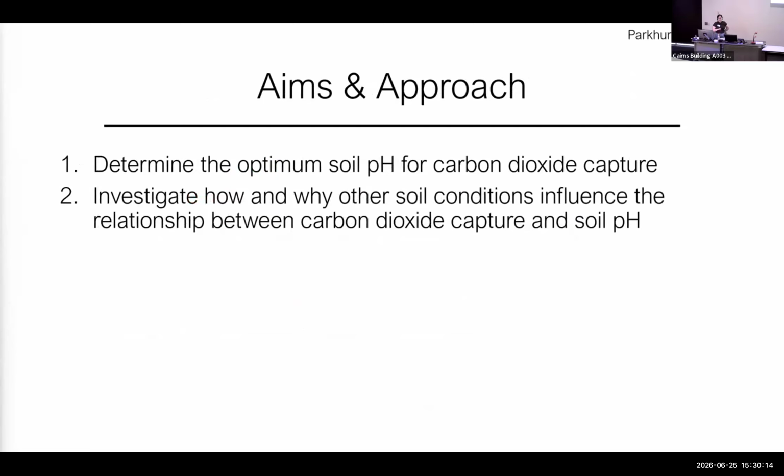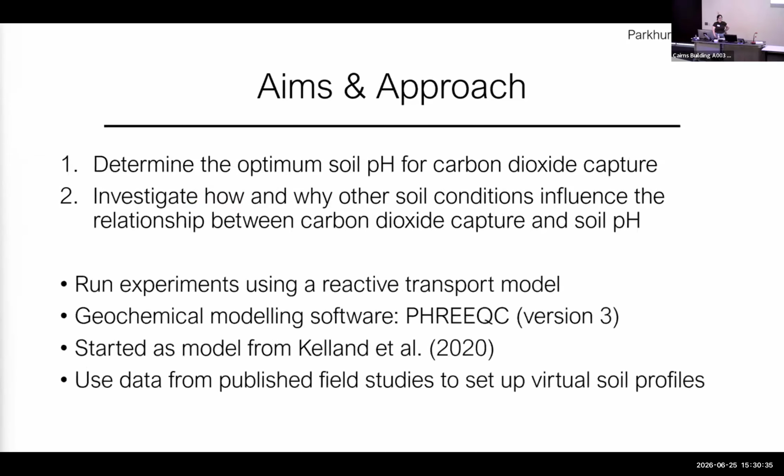And so the aims of this modelling project were to determine the optimum soil pH for CDR and to investigate how and why other soil properties influence the relationship between CDR and soil pH. Our approach was to run experiments using a reactive transport model, done in the geochemical modelling software called Freak.